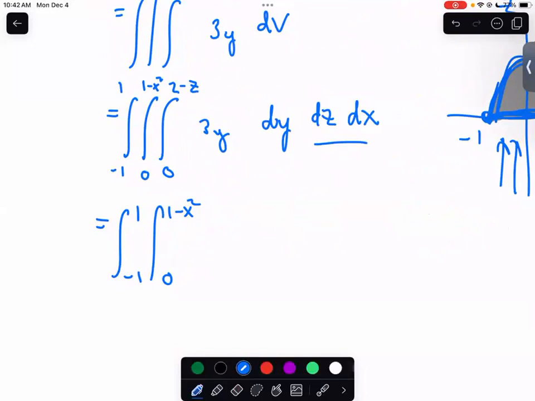The evaluation is just the tedious part more than anything, so I don't want to spend too much class time on this. If I integrate with respect to y first, I'm going to get 3/2 y squared. Let's combine steps and input my bounds: 2 minus z, and then of course 0 squared, which would just be 0, so I don't even need to write that one.